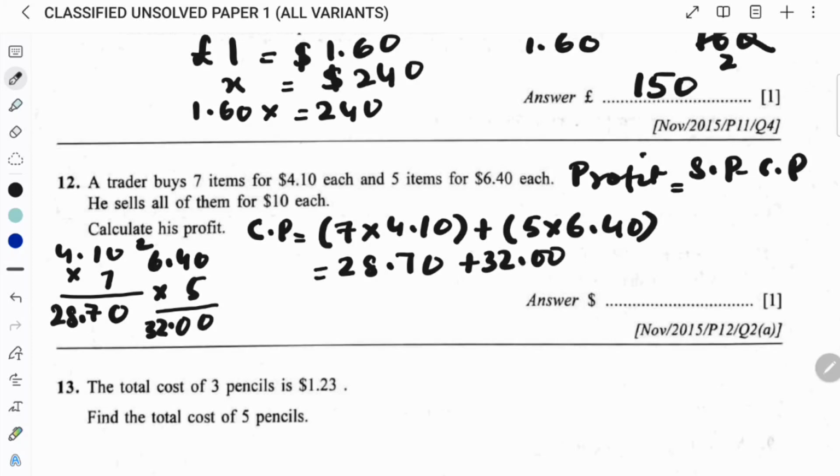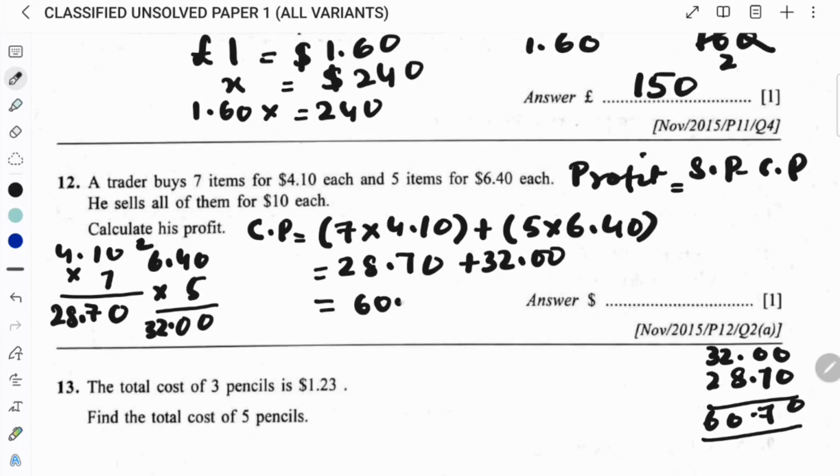Add them together to get the total: 32 and 28.70. Okay, 0, 7, 8, 9, 10, 3 and 2 is 5, 60.70 is the total cost.